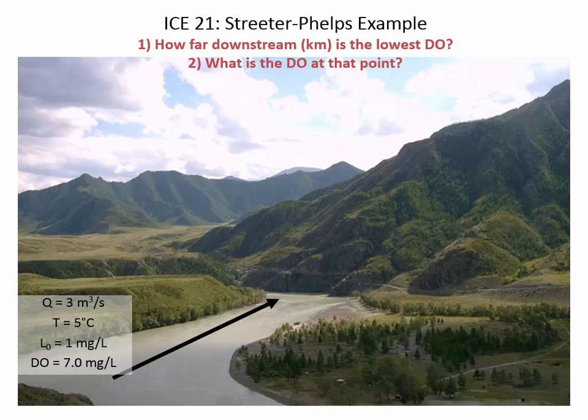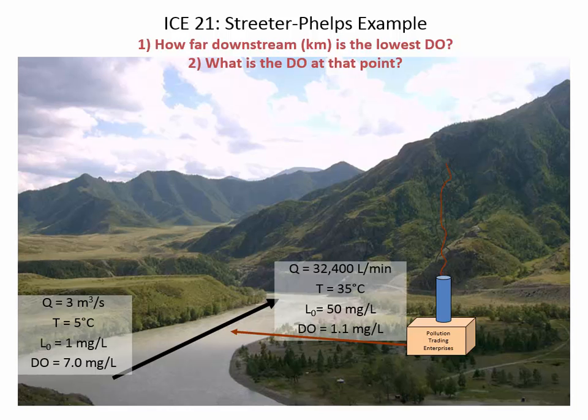But unfortunately, there is going to be more mixed. Let's say we have a company, Pollution Trading Enterprises, and what they're doing is they're discharging a wastewater. Here's what we know about their wastewater. The flow rate, liters per minute. The temperature, it's a relatively warm wastewater, has an initial ultimate demand of 50 milligrams per liter of BOD, and then the dissolved oxygen of the water is quite low, 1.1 milligrams per liter.